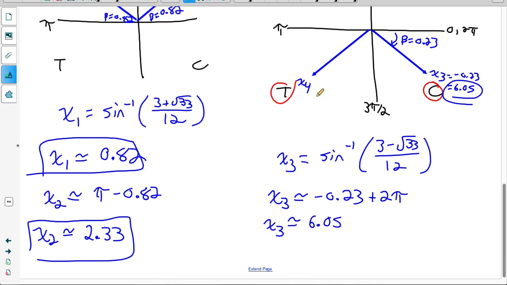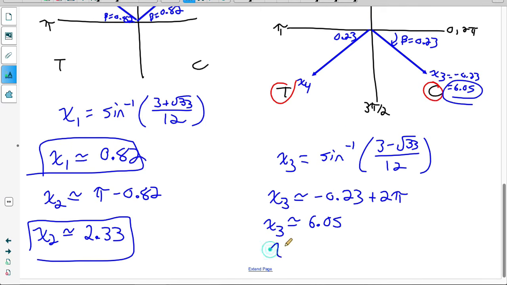Now I need angle 4. Well, angle 4, I know it's going to have the exact same reference angle as angle 3 had. And the reference angle for angle 3 was 0.23. So I'll put that same reference angle there, 0.23. And then to calculate angle 4, I would start at the positive x-axis, go counterclockwise past pi by 0.23 and get to angle 4. Get to that terminal arm.